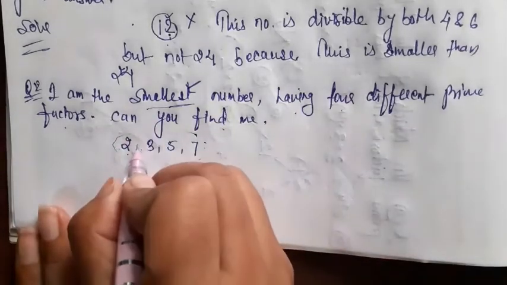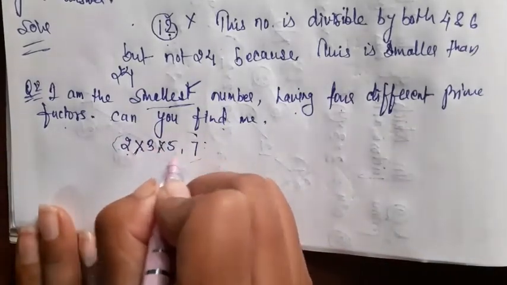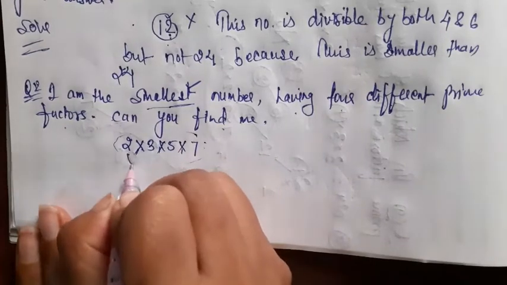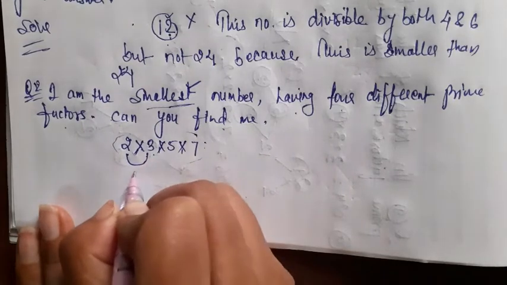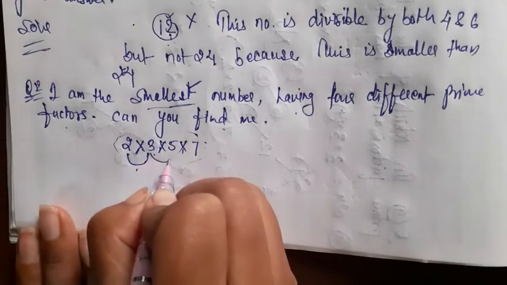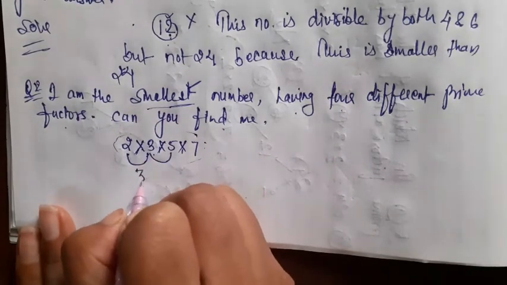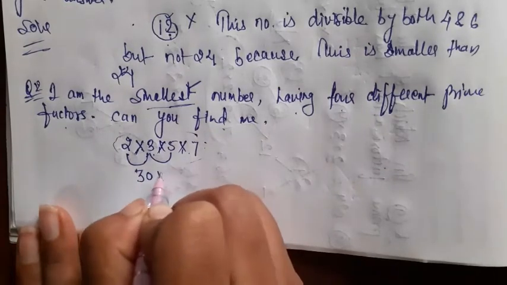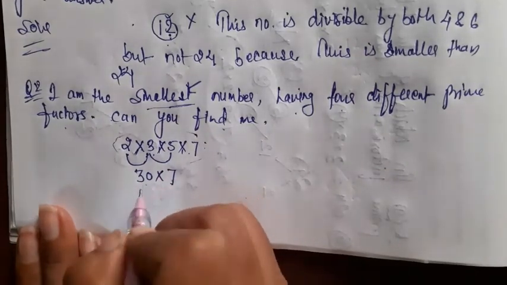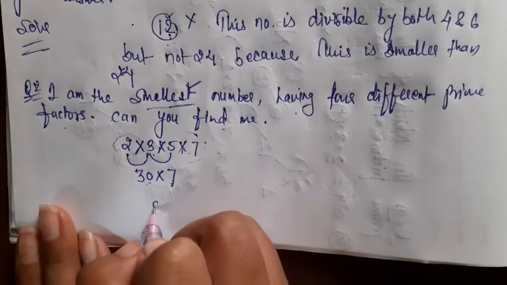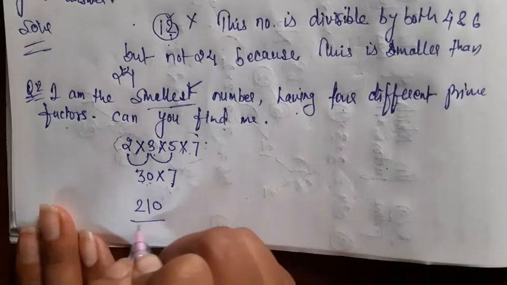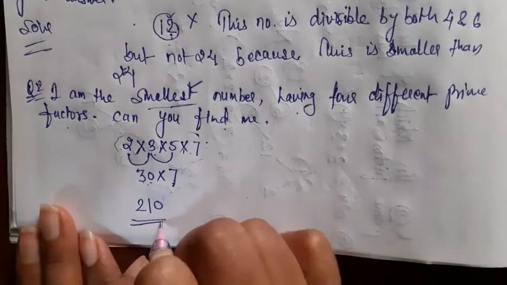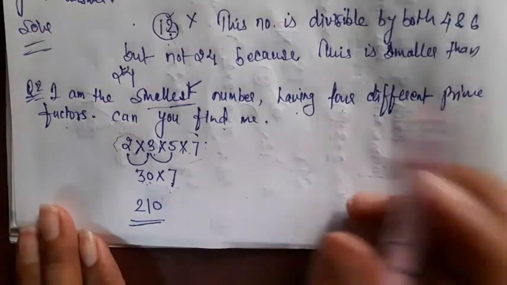So here we multiply these values. 2 times 3 is 6 and 6 times 5 is 30. So here 30, and next 7. So 7 multiply 30, we get 210. That means this is the smallest number having 4 different prime factors.